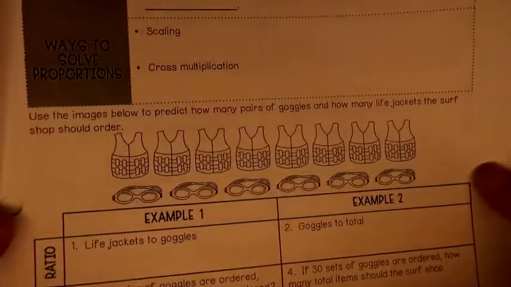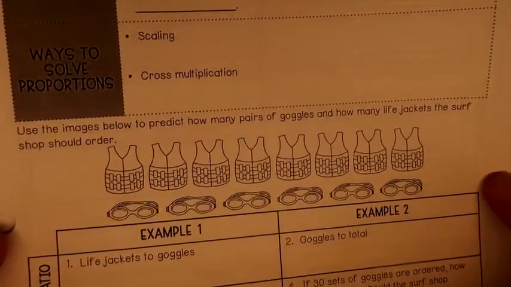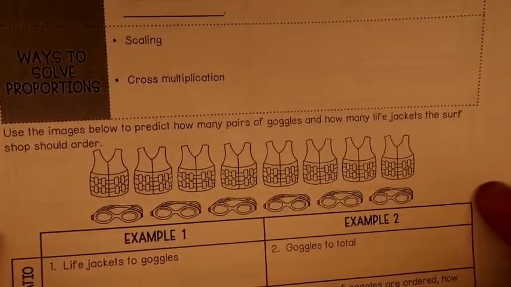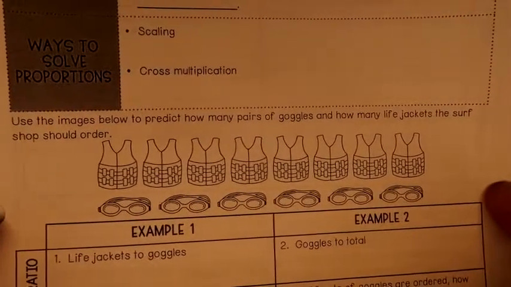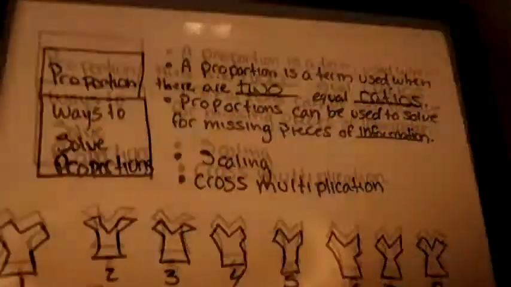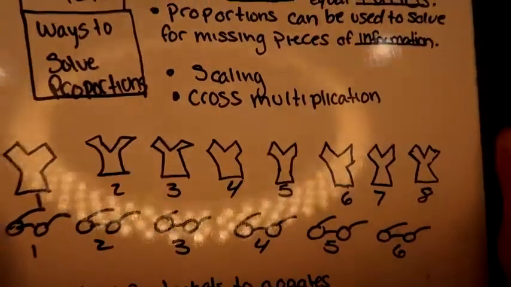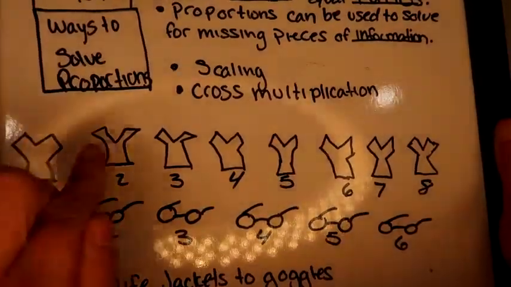So if we look, let's read the instructions. Use the image below to predict how many pairs of goggles and how many life jackets the surf shop should order. So here we go. I drew my life jackets.